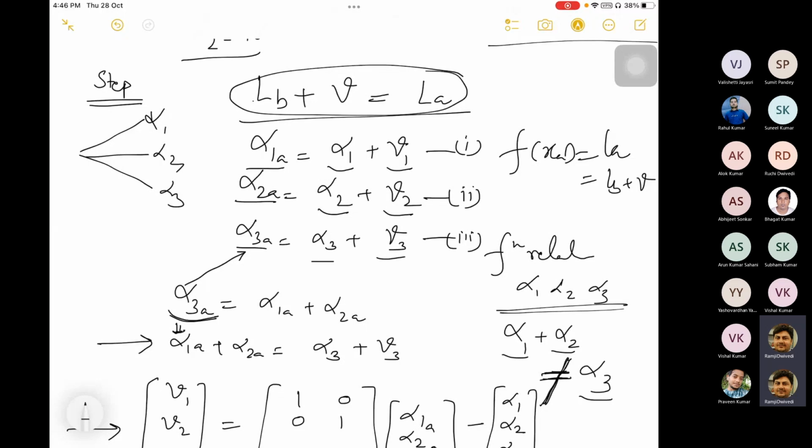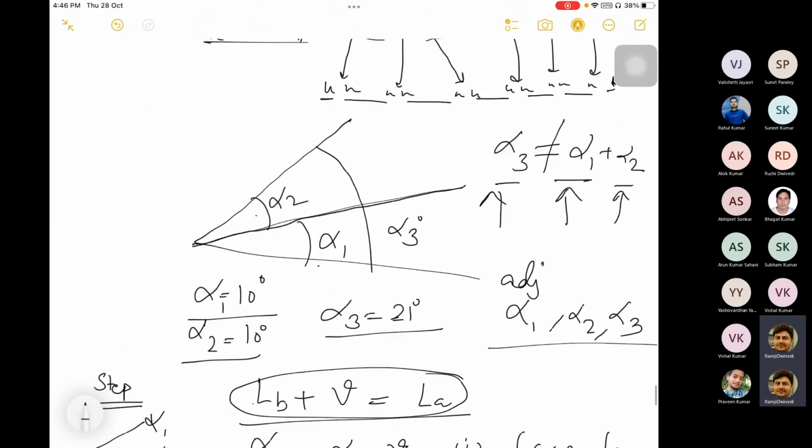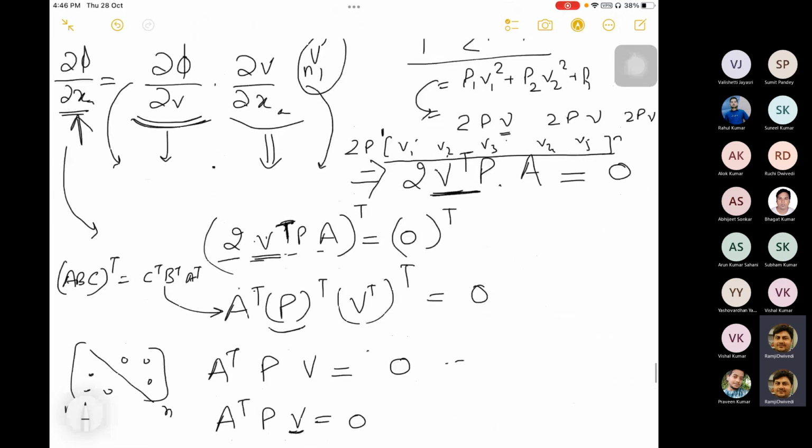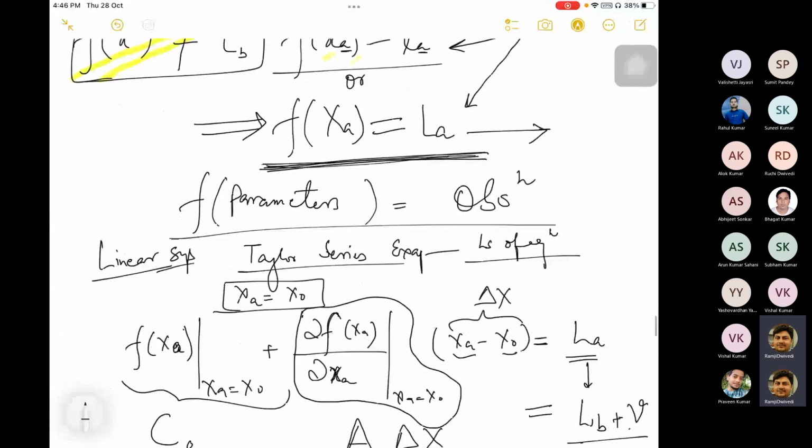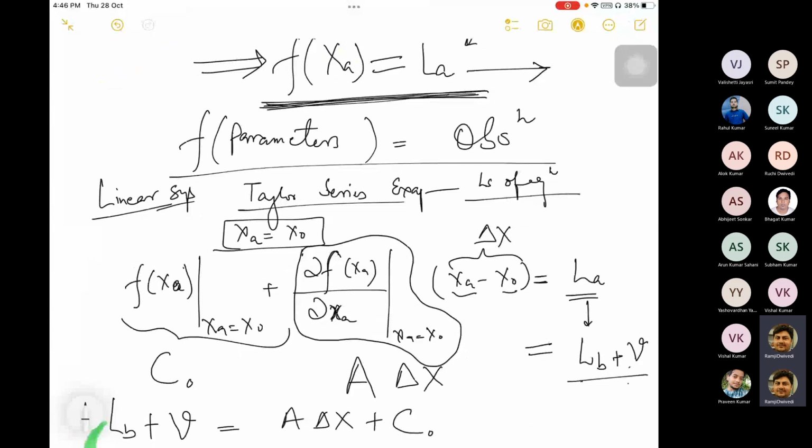Yes, that's a good point. That's a good observation. Now just go back to our derivation part. This is the part where we were deriving, isn't it? Yes, sir. Now I have done everything. I've explained everything. If it is a non-linear model, we have to linearize it. Before linearizing, you have to take an initial value. Then how do you linearize it? You probably missed this part. Yes, sir. I have written this part, isn't it?